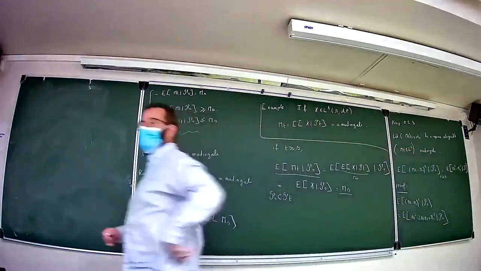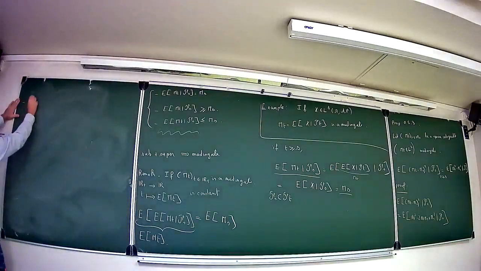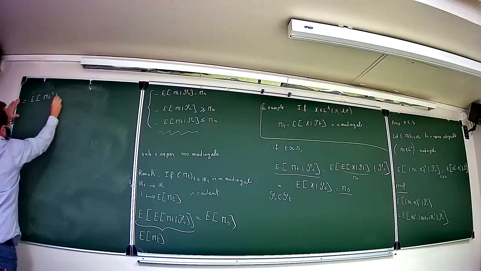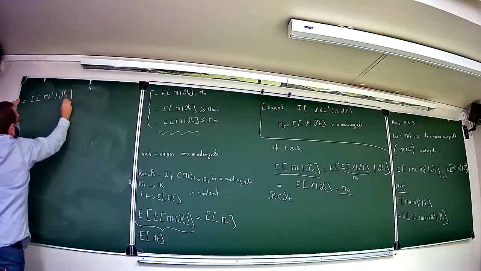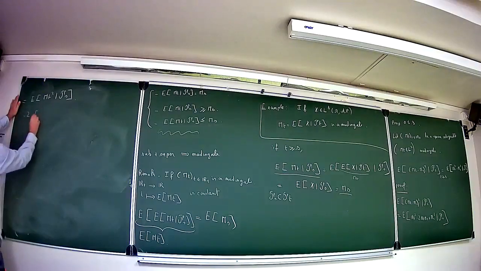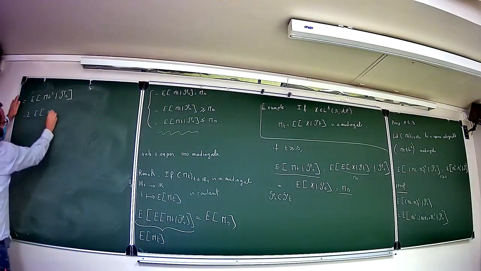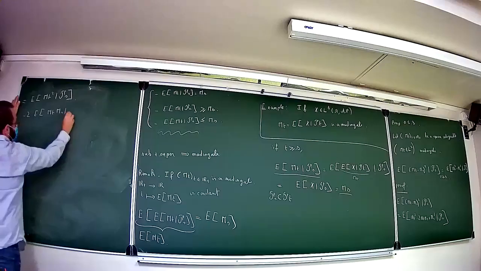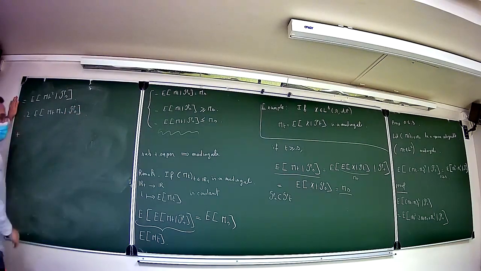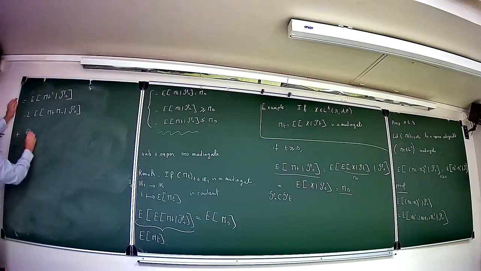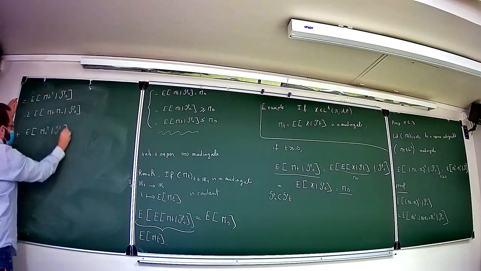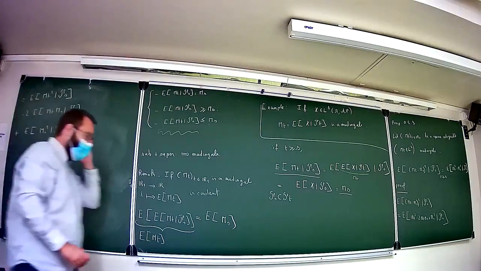I use the linearity of the conditional expectation: I have the conditional expectation of M_T² given F_S, minus 2 times the conditional expectation of M_T M_S given F_S, plus the conditional expectation of M_S² given F_S.